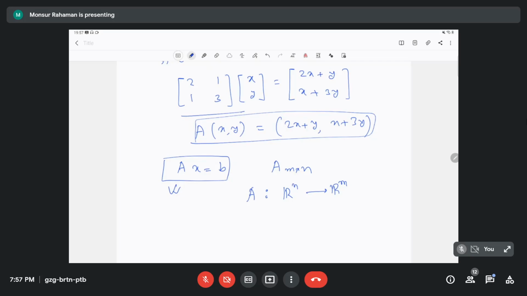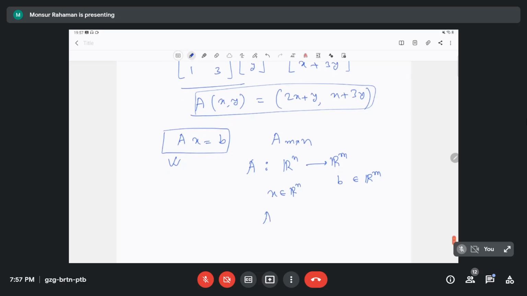You have to find x, means this image b is given in Rm. You have to find a vector or pre-image x. Is it possible or not? You have to find Ax equals b, because A is actually a linear transformation. Tx equals b. This b is given.